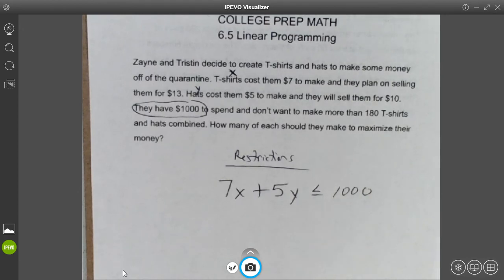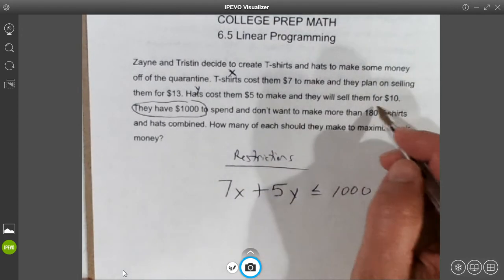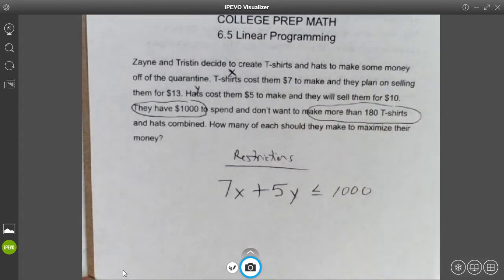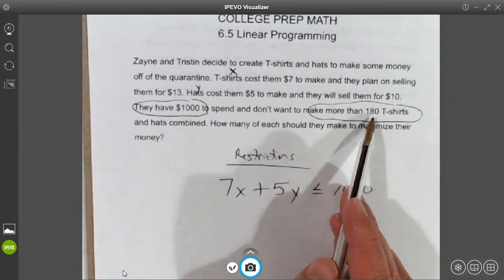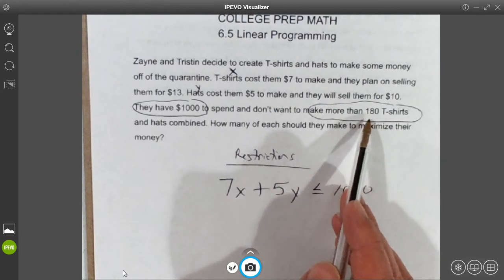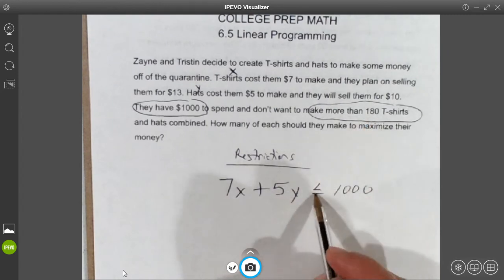There's another restriction they're working under, and it's the fact that they don't want to make more than 180 T-shirts and hats combined. So I need to write an inequality for that. Again, it's not an equation because it doesn't say they want to make exactly 180. They could make 175 if they wanted. That's why we're using the inequality symbols.